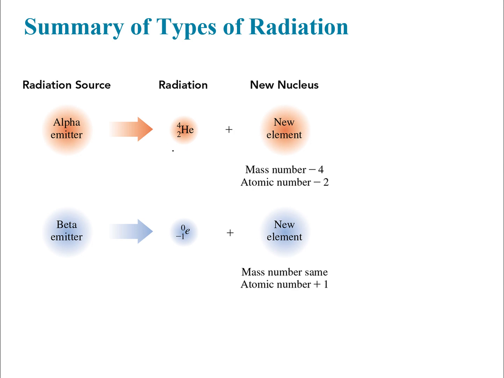The products are an alpha particle and a new element. That new element is going to have a mass number that is 4 less than the original alpha emitter and 2 less for the atomic number.